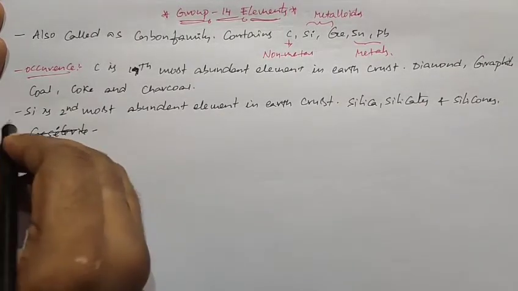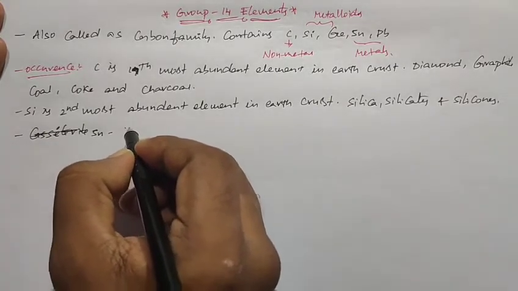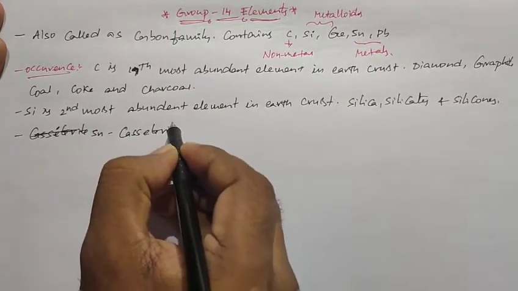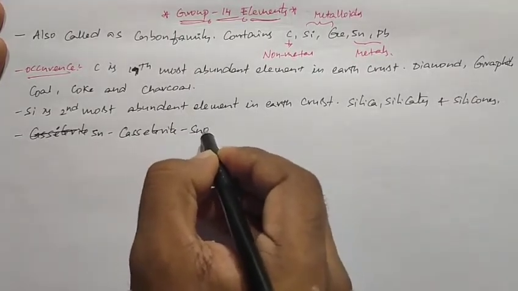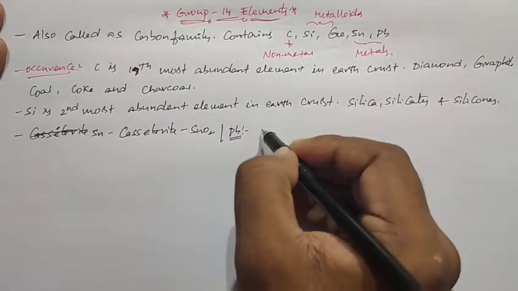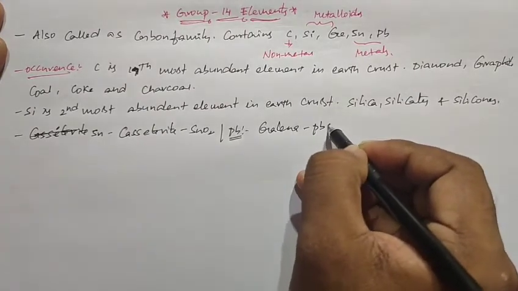Next one is tin. The most abundant form of tin is cassiterite, represented by SnO2. For lead, the most abundant form is galena, represented by PbS.